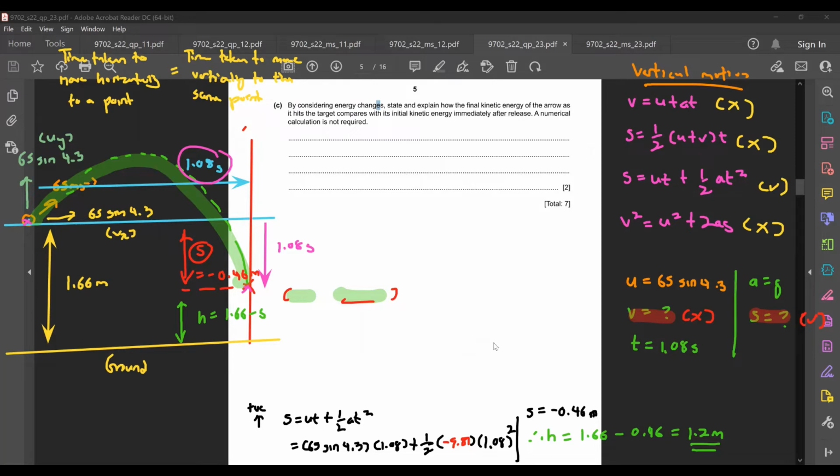Here they just ask you to consider energy changes. State and explain how the final kinetic energy of the arrow as it hits the target compares to its initial kinetic energy immediately after release. Numerical calculation is not required. Okay, keyword here is you consider the energy changes only.